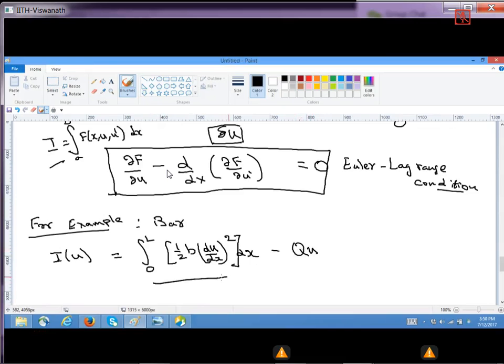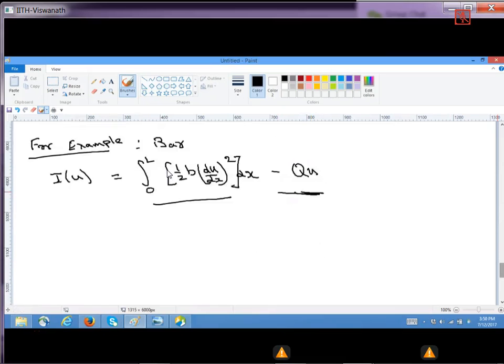This is the internal energy, this is the external work done for a bar. If I want to do a minimized equation, you take this function f.